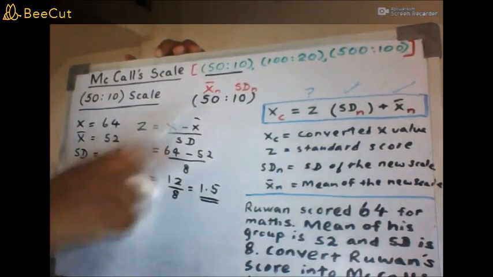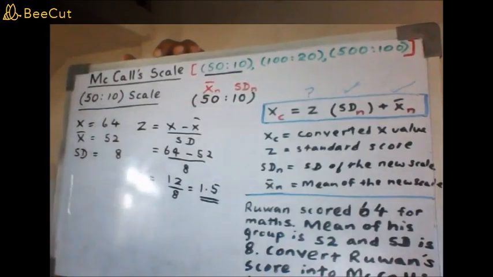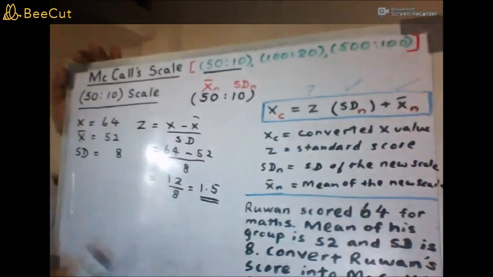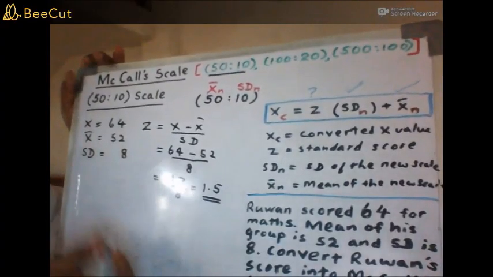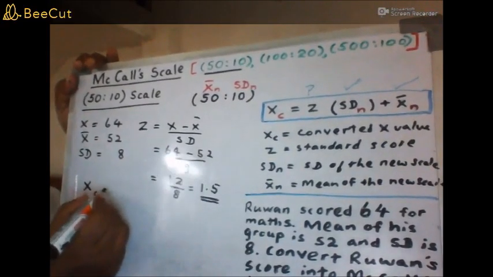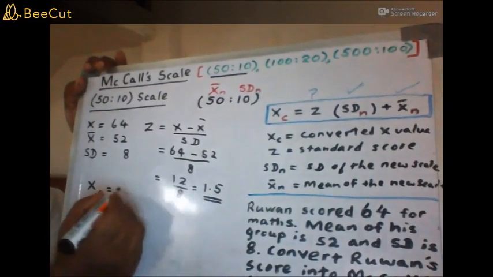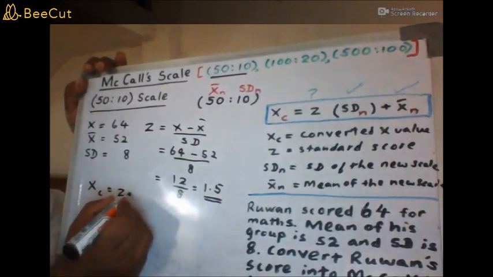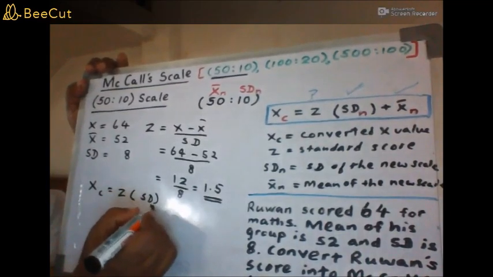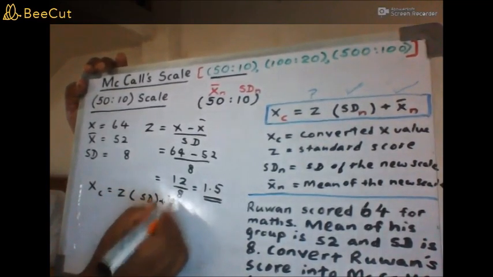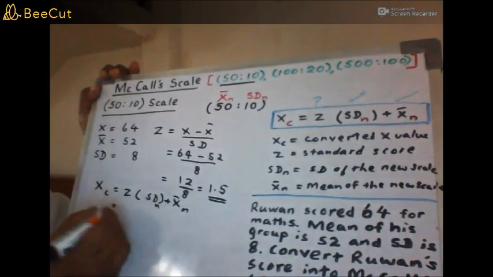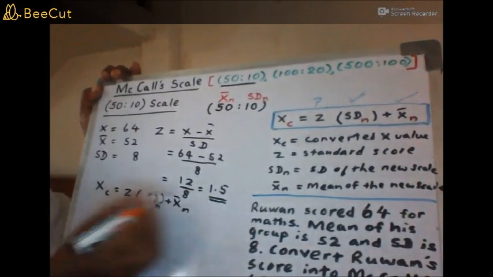We have to convert the marks into the McCall scale. So we'll write the formula. You can write xc, or just x, equals z into new SD plus new x bar. Now apply the values. This is what we have to find.